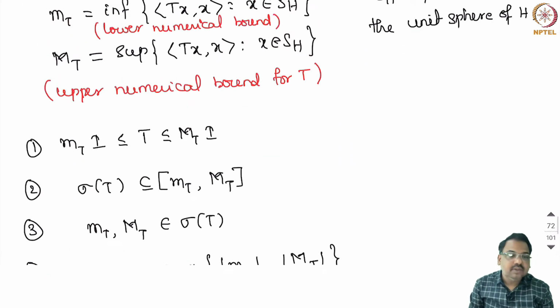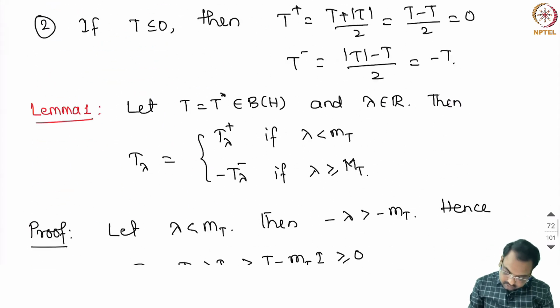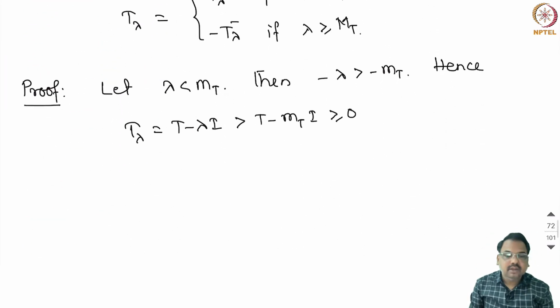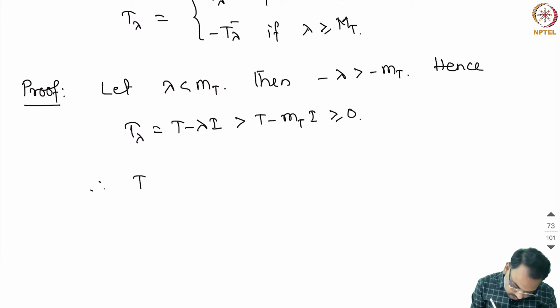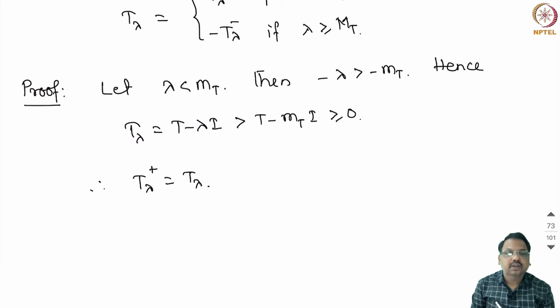Now when we have a positive operator, its positive part is exactly the original operator. Therefore T lambda plus is exactly T lambda.